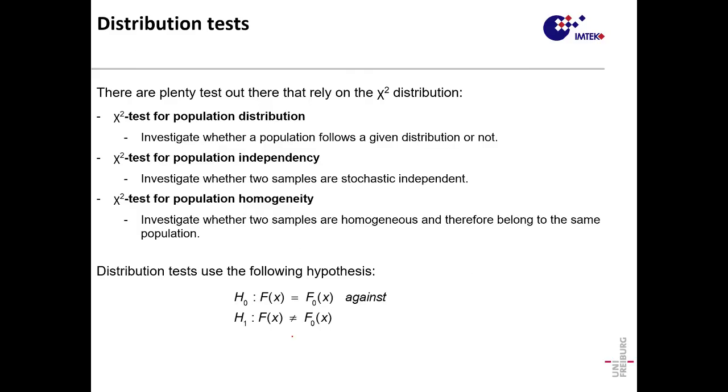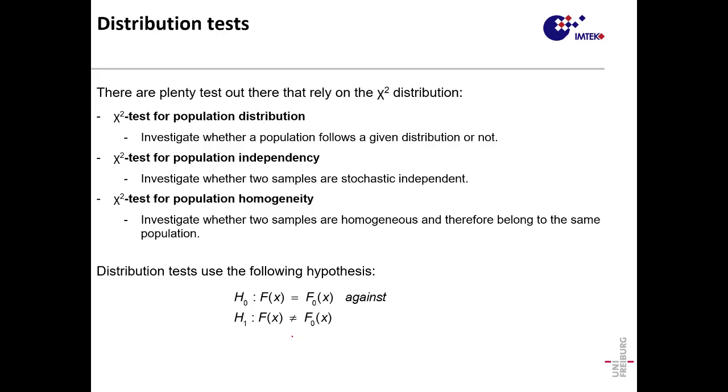So what is the chi-square distribution good for? Like I said, we can test if your data follows some distribution. It can be any distribution. You can also check for population dependency, whether two samples are independent, and for homogeneity.